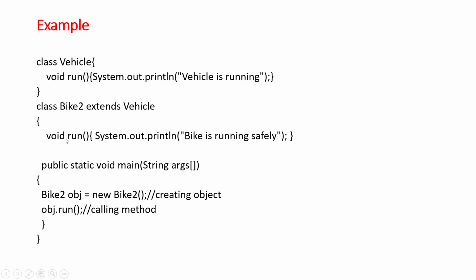This is again the run method, which means we are using the overriding concept: a method with the same name and the same number of parameters, but in a parent-child relationship. And this is the main method. In that main method, an object is created, and then it will call the run method. So that's method overriding.